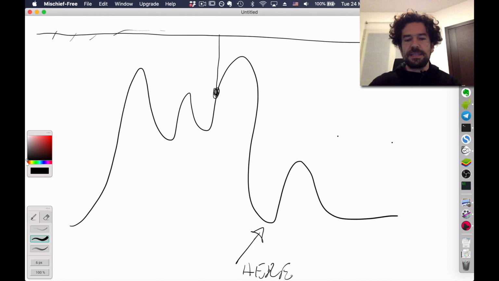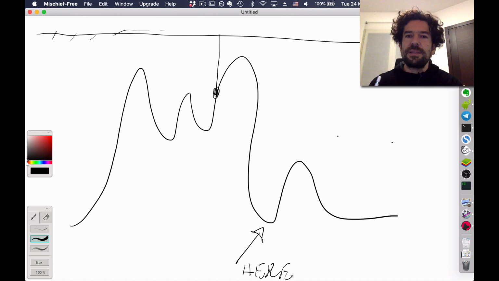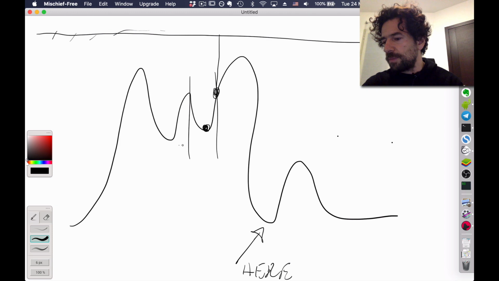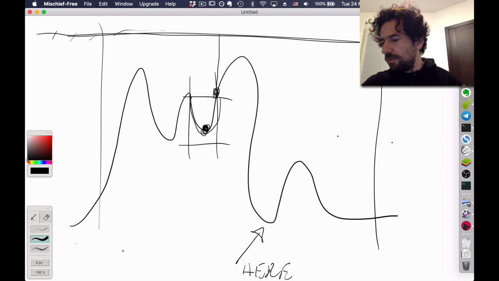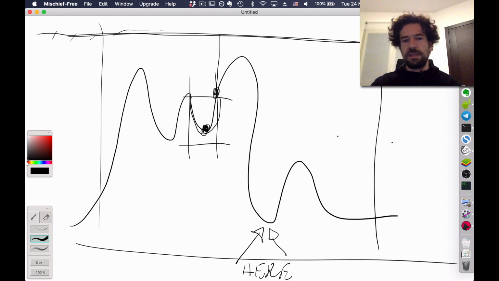This is our best solution, and it's where our loss function has the smallest value. However, there are many local minima. For example, this is a local minimum. If you zoom in on this part of the problem space, it looks optimal, but if you have a greater vision of all the problem space, you see that here it's much better compared to this local minimum.